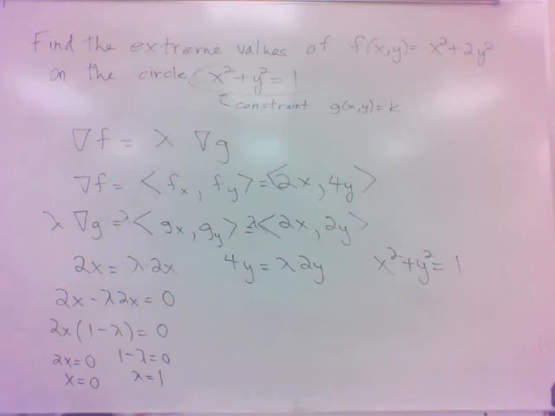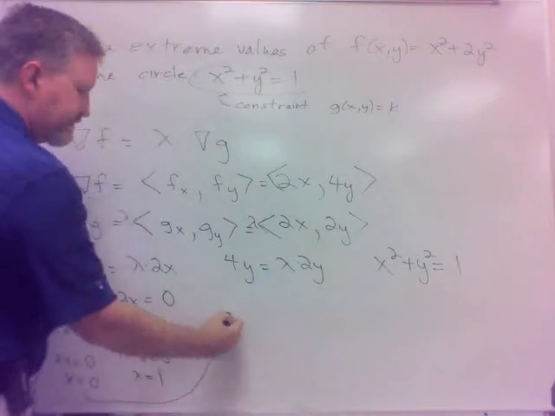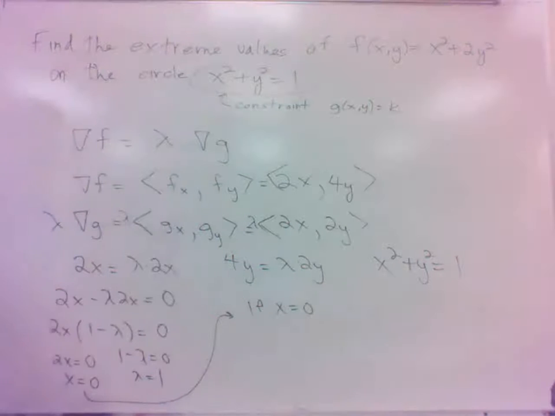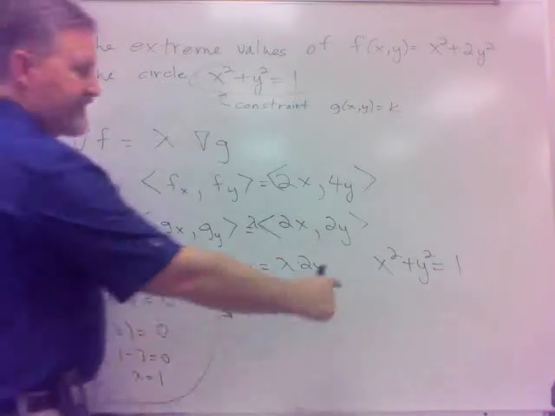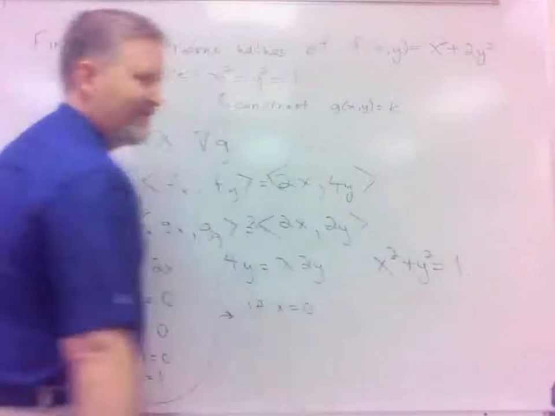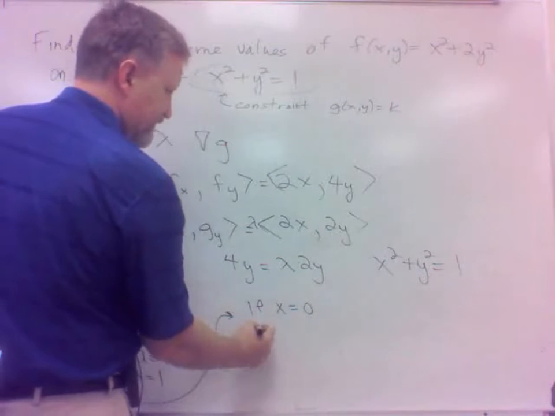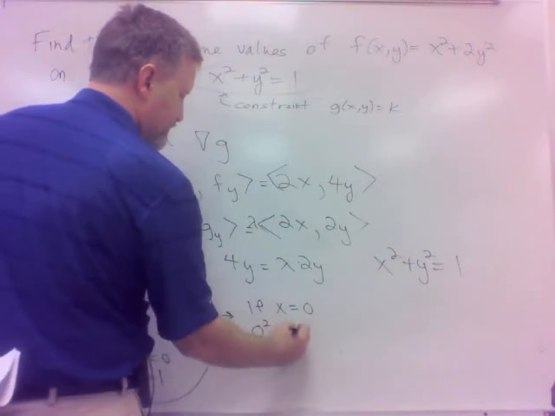Now, if x equals 0, what does that mean in terms of y? Well, here we have x and y related together, and so if x equals 0, then I've got 0 squared plus y squared equals 1.